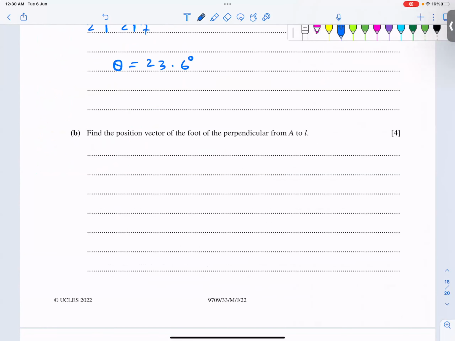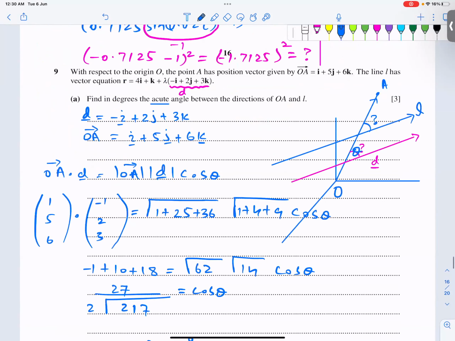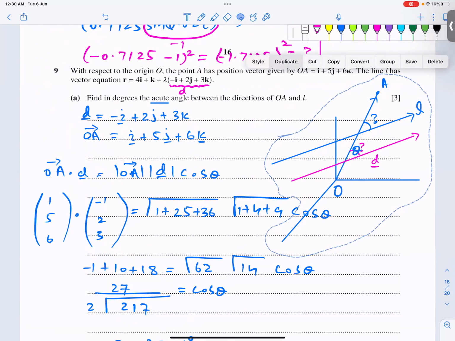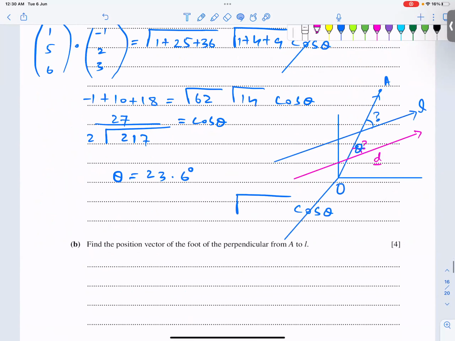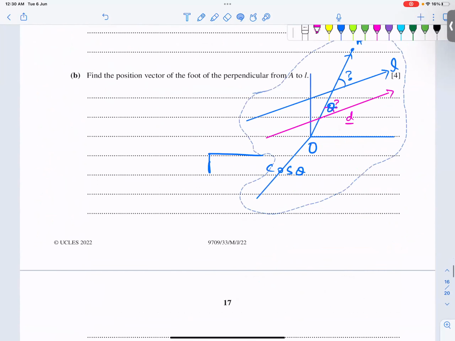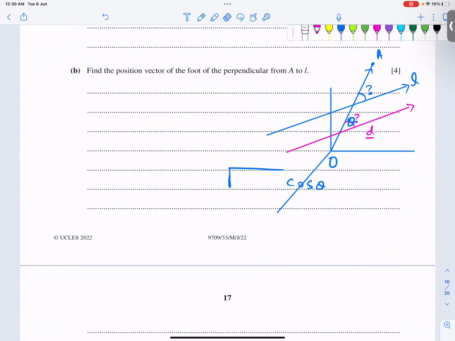Now find the position vector of the foot of the perpendicular from A to L. The foot of the perpendicular means, let me copy this diagram, we don't need the directional vector and this angle.